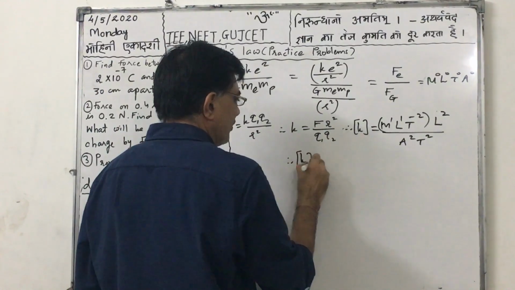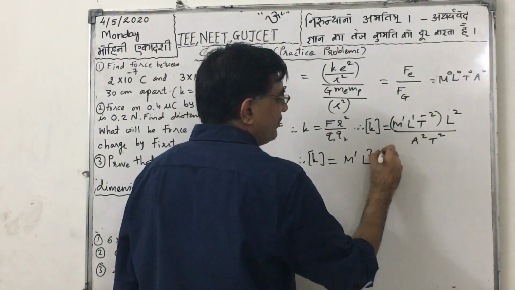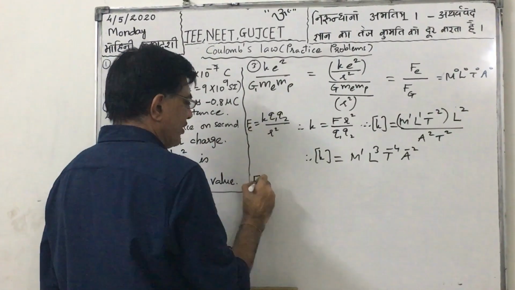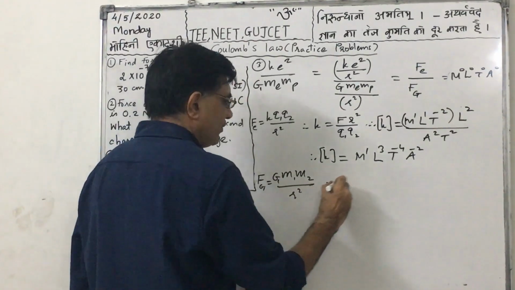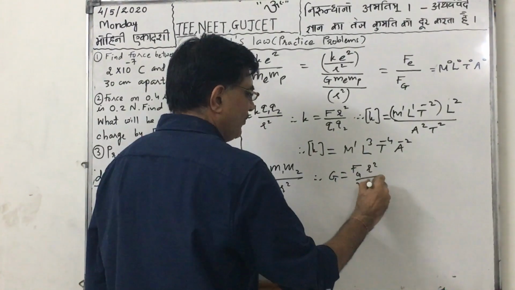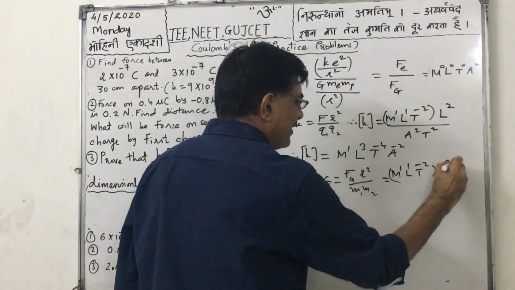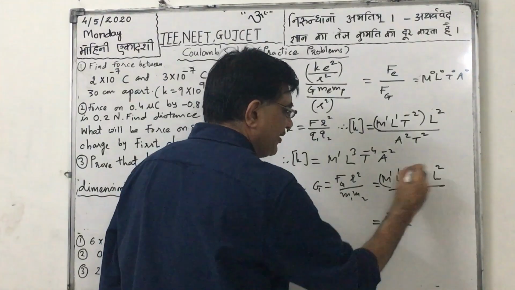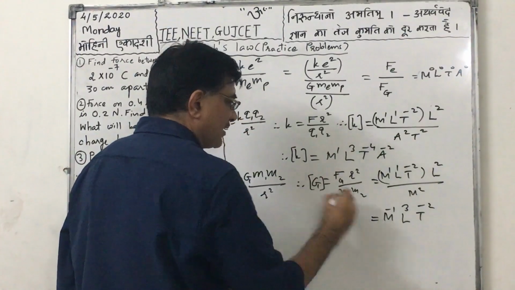Therefore K will be equal to M1 L3 T minus 4 A minus 2. Similarly, from F gravitational equals G M1 M2 upon R square, we can have G equals F gravitational R square upon M1 M2. So F gravitational is M1 L1 T minus 2, R square is L square, upon mass square. So M raised to 1 minus 2, that is M raised to minus 1, L3 T minus 2. But you should keep this in mind directly.